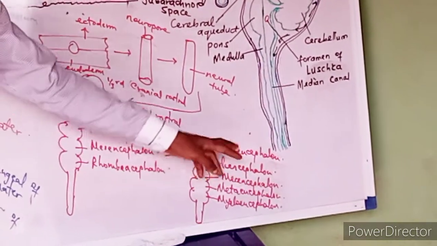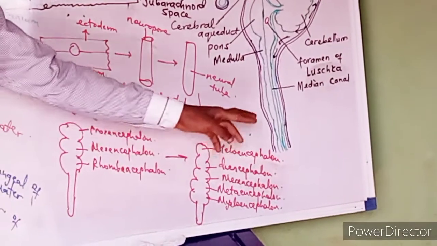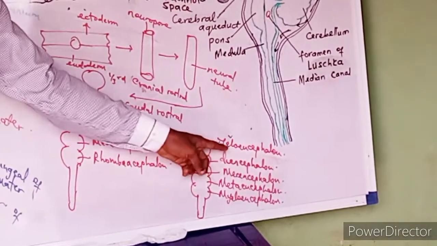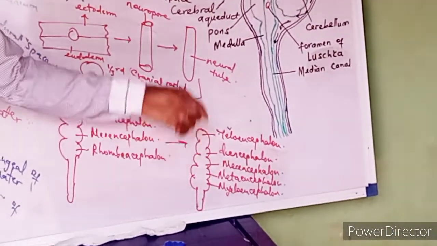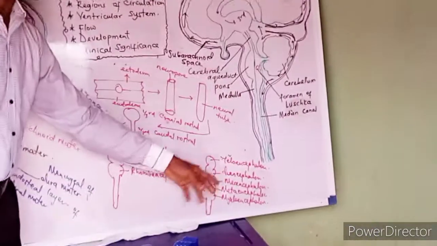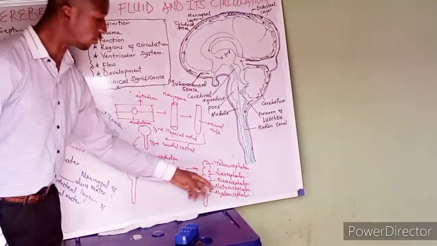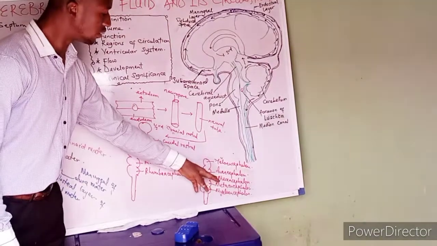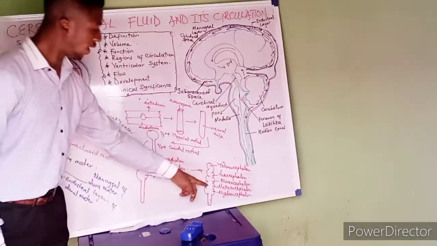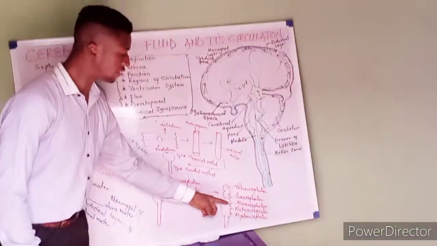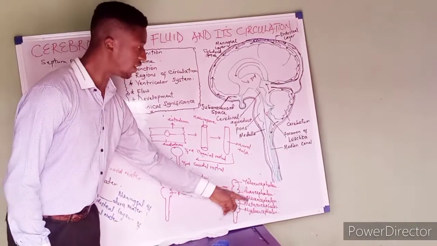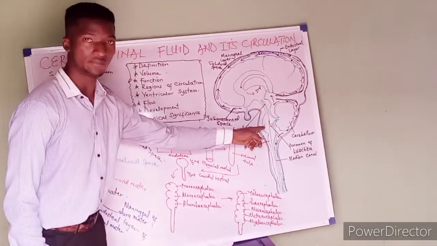So the telencephalon develops into the two cerebral hemispheres, while the diencephalon develops into the thalamus, the hypothalamus, the hippocampus, basal ganglia, and the rest. The mesencephalon develops into the midbrain, while the metencephalon develops into the pons, while the myelencephalon develops into the medulla.